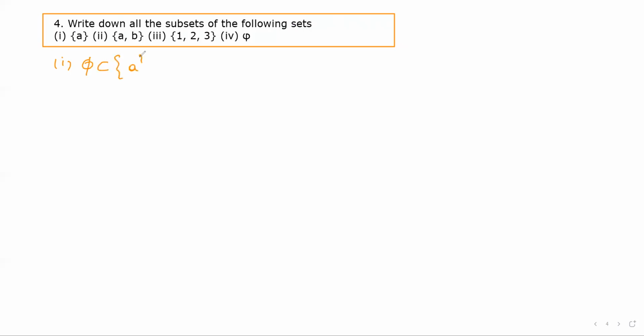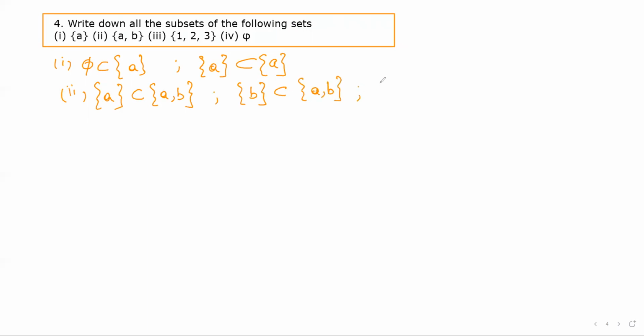Phi is a subset of A. And second, A itself is a subset of A. Second, A is a subset of A comma B. B is a subset of A comma B. Phi is a subset of A comma B, and A comma B itself is a subset of A comma B.